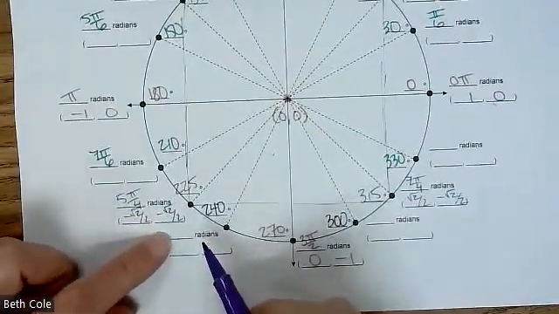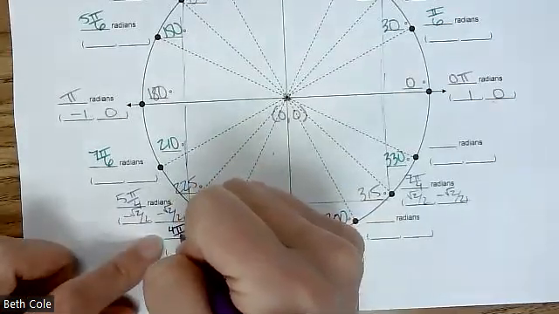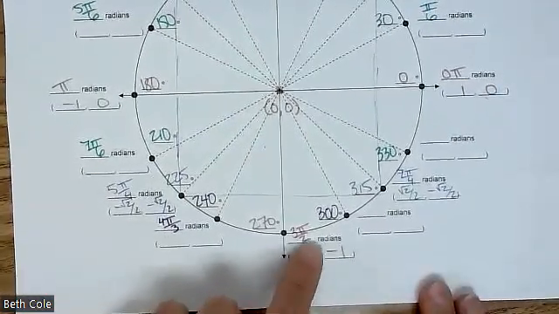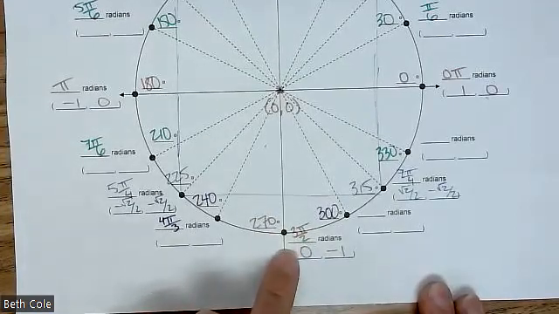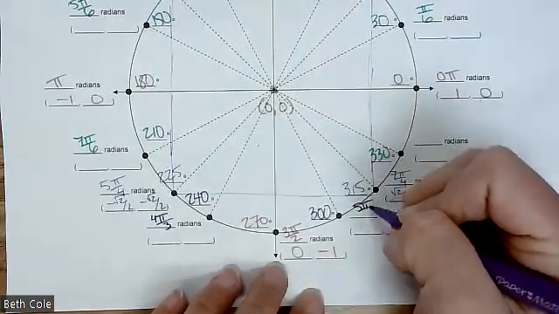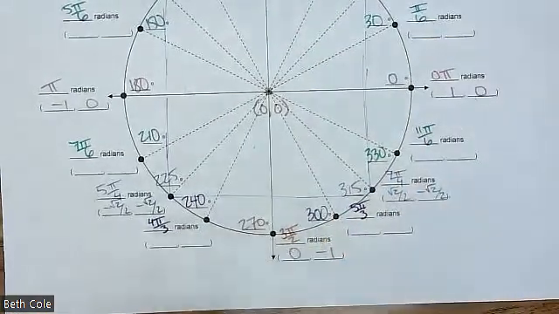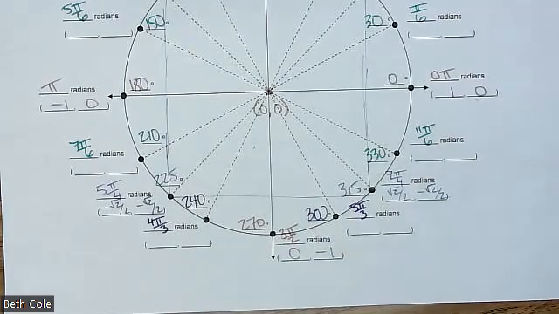And then 8/6 would be 4/3. Good. 9/6 is the one you already have filled in. 10/6 would be 5/3. And then 11/6. And then, oh my gosh, guys, what is 12/6? How many pi is 12/6? 2 pi, whole way around.